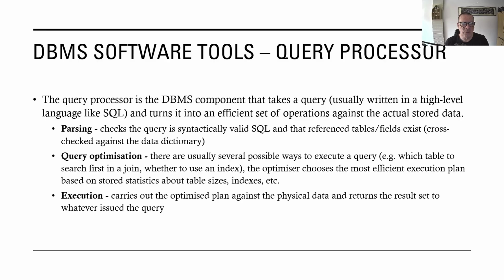Query optimization. There are usually several ways of executing a query. For example, which tables to join first, which we'll see more about later. And the optimizer chooses the most efficient execution plan based on stored statistics about table sizes and index and so on. And then execution. It carries out the optimized plan against the physical data and returns the results set to whatever issued the query.